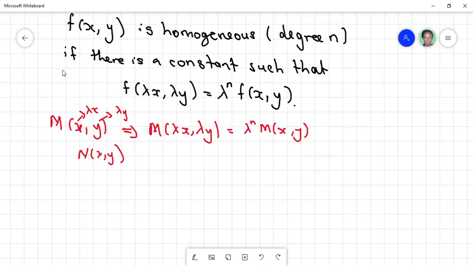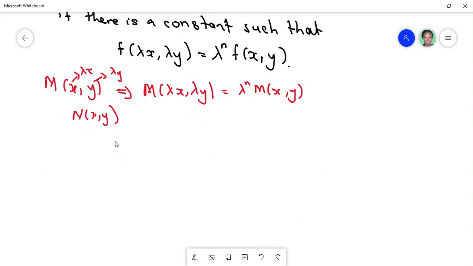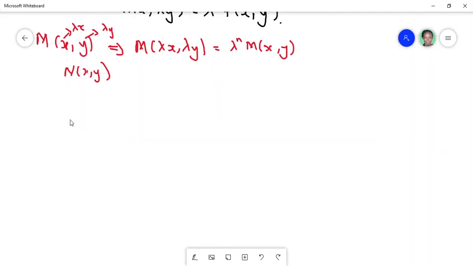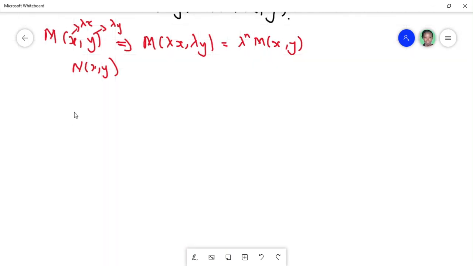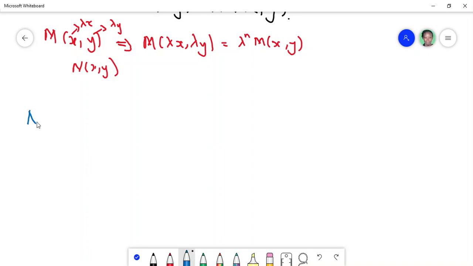Okay, so this homogeneous equation we are talking about is used in solving a differential equation. From our previous lesson on the method of separation of variables, if the differential equation I have is not separable, then the next step I could use is to check if it is homogeneous.